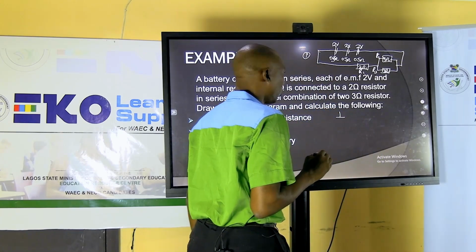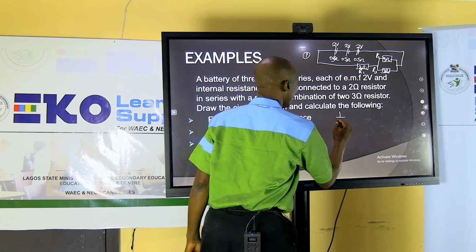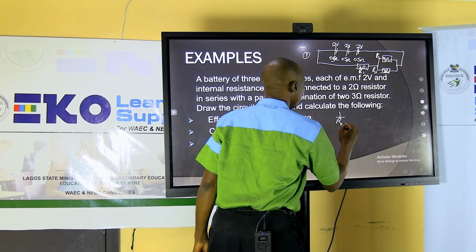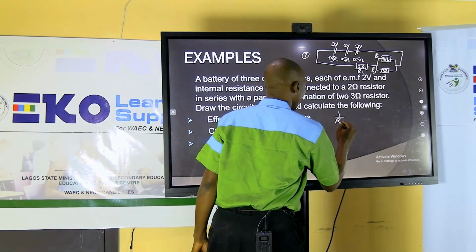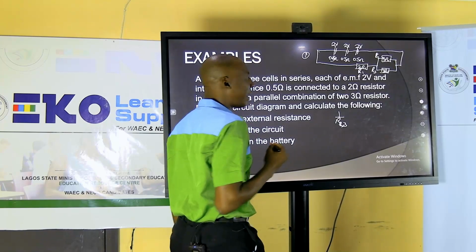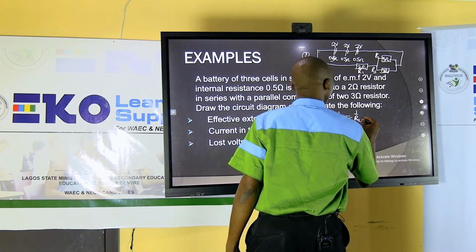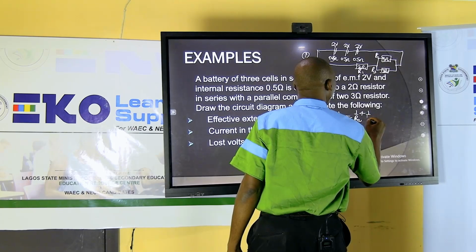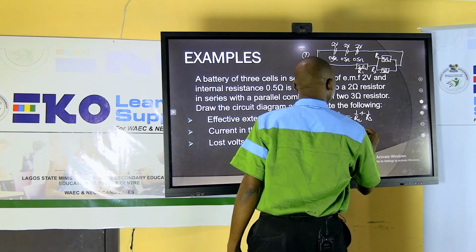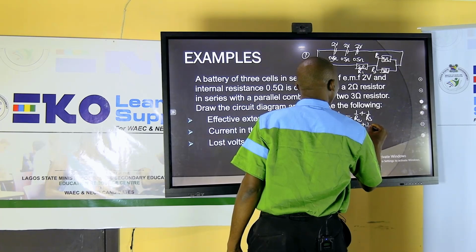Like we are told, for parallel, the effective resistance of R2 and R3, because they are the ones in parallel, equals 1 over R2 plus 1 over R3. So I have 1 over 3 plus 1 over 3.